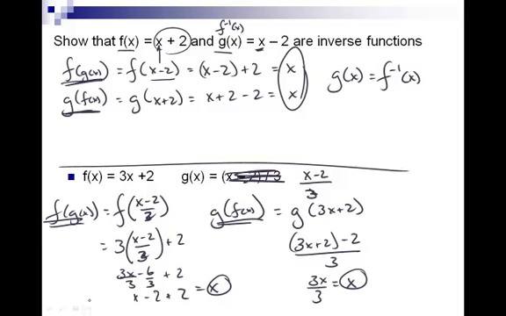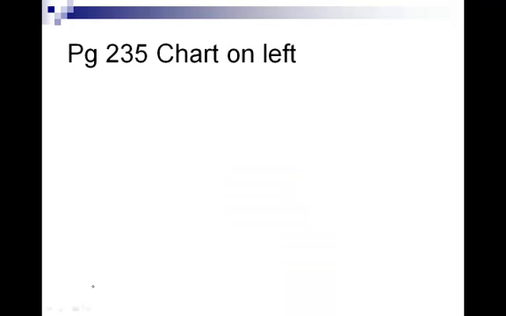If you take a look at the chart on page 235, this shows the second example that we just did, and you can see that if we start with our f function going from left to right, our f function says that we start with x, we multiply it by 3, and then we add 2.